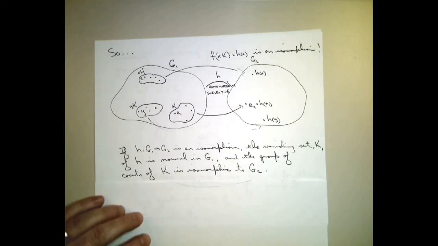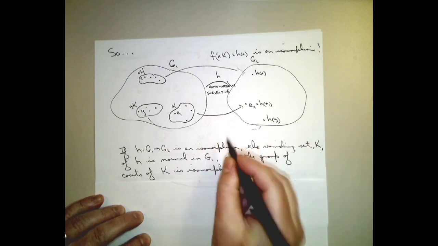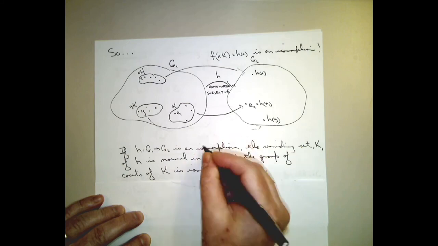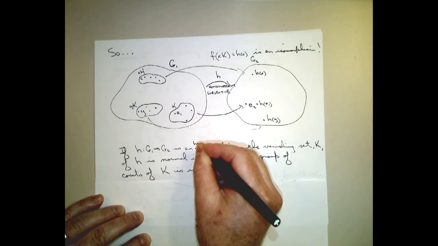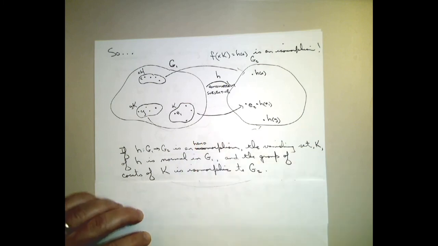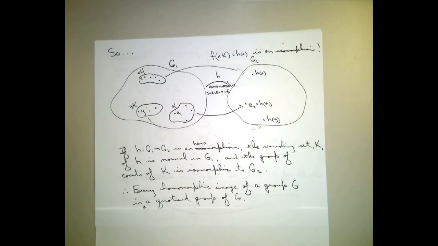So here's a statement of it right here. If H from G1 to G2 is a homomorphism, then the vanishing set K of H is normal, and the group of cosets of K is isomorphic to G2.